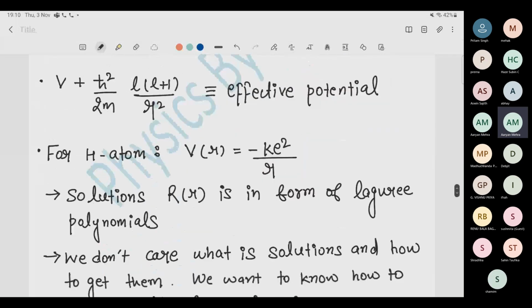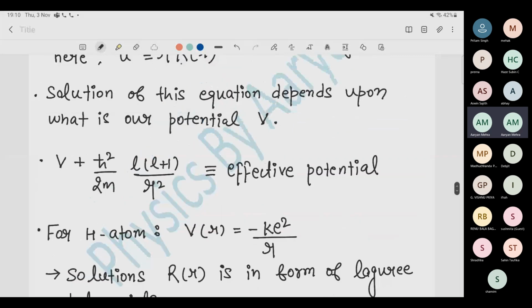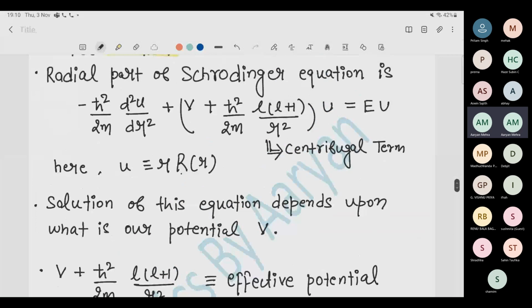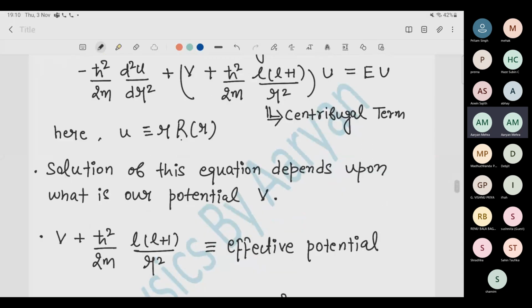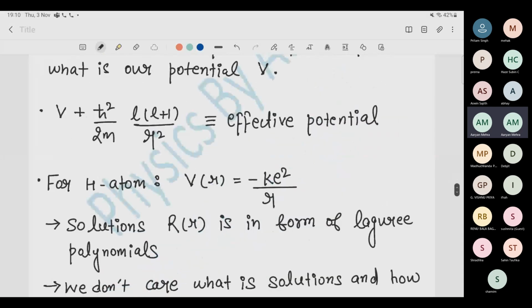Now, the solution of this equation will depend upon the value of your potential. This is a general radial part of the Schrodinger equation. You can use it to solve any problem, but here we are solving the hydrogen atom. For the hydrogen atom, the potential is minus ke square by r.